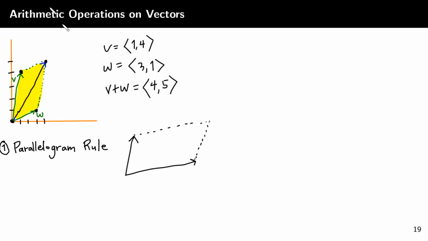Ito na ngayon yung V plus W. It will be this diagonal na nandun sa opening ng dalawang vectors. So, kung ito yung V, ito yung W, ito yung V plus W. So, that's the parallelogram rule. Now, we also have the head-to-tail rule.